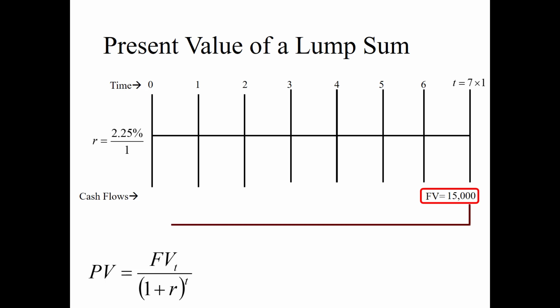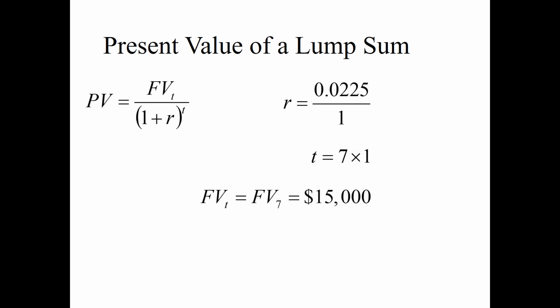And we need to discount that cash flow back to today to find the present value. And so we see our equation on the bottom left where present value is equal to future value divided by the quantity of 1 plus R to the T. And so if we want to solve that, we know that our R is equal to 0.0225. Our T is 7. Our future value at time 7 is $15,000.